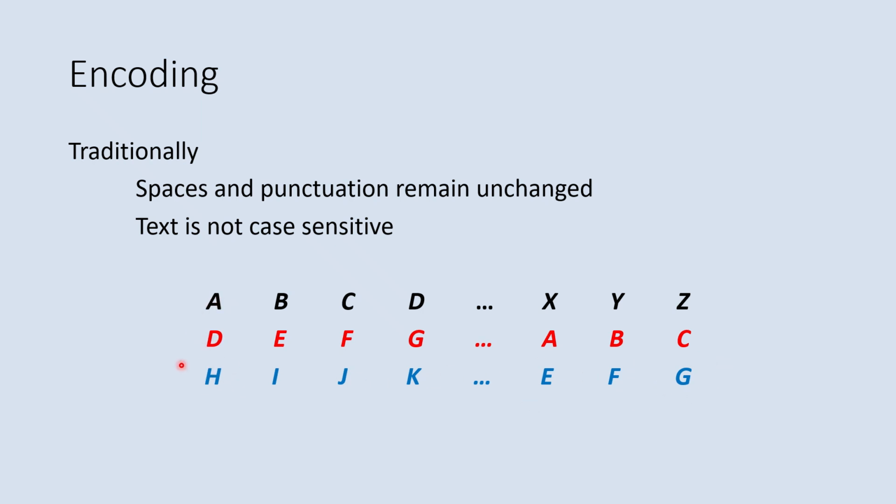But one Caesar shift followed by another Caesar shift is still just another Caesar shift. And so we're not going to gain anything by encoding something twice in this sense, right? If we encode it by Caesar shift and then do another Caesar shift to that, we could have just done one single shift from the beginning and end up with the same ciphertext.